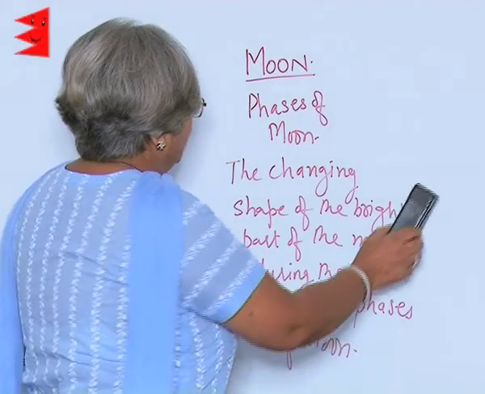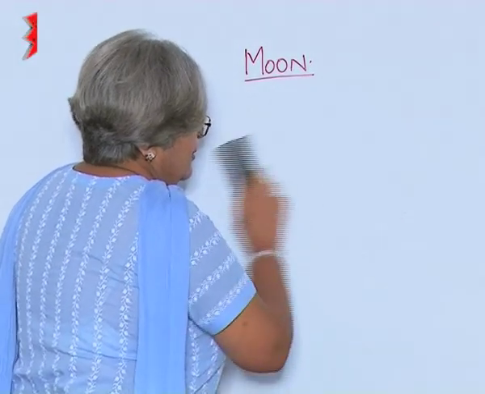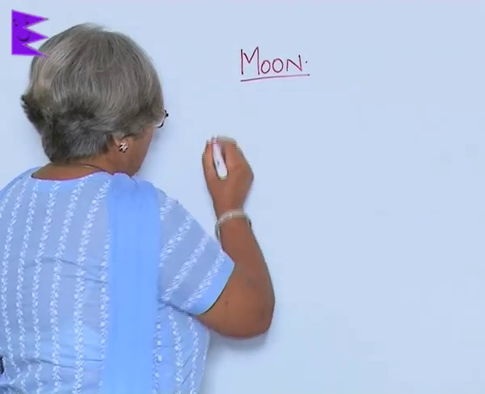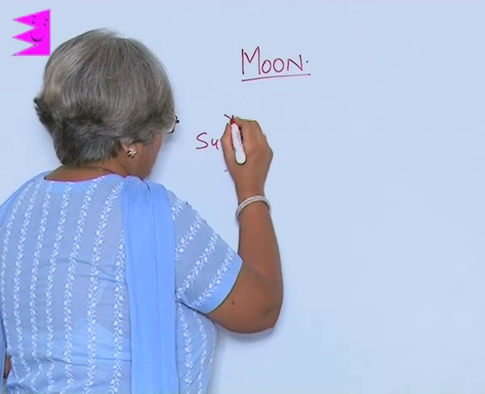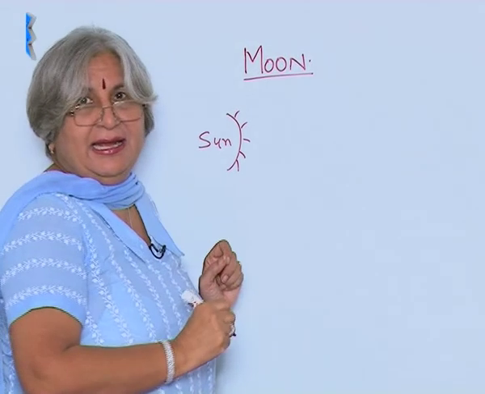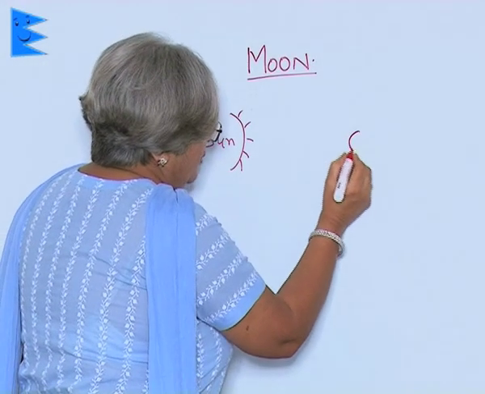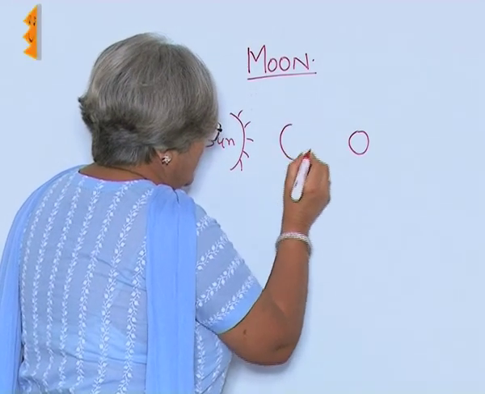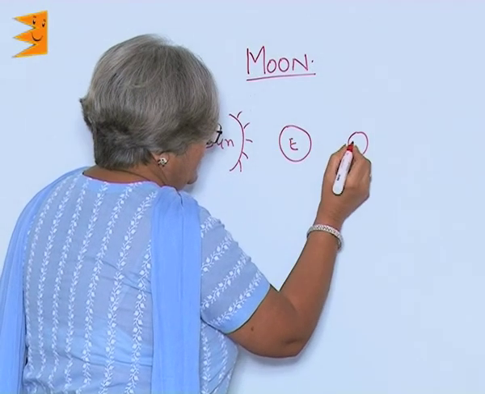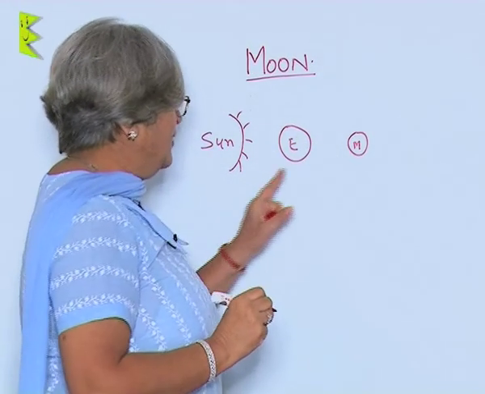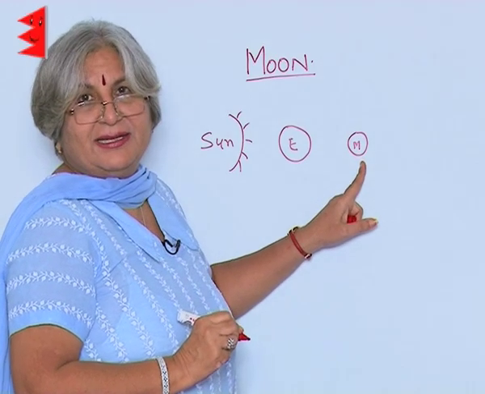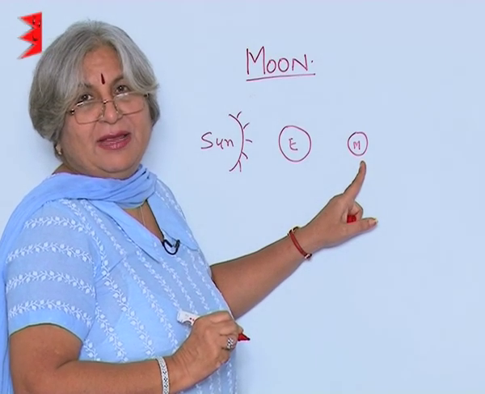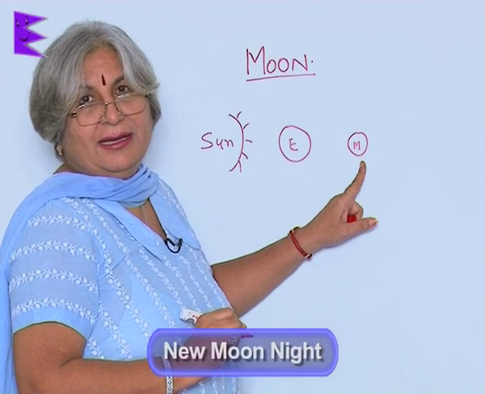So, if this is the sun emitting its light, and this is the moon and this is the earth. Now if they happen to be in a straight line, can the moon get sunlight? It cannot. So then there will be a new moon night.